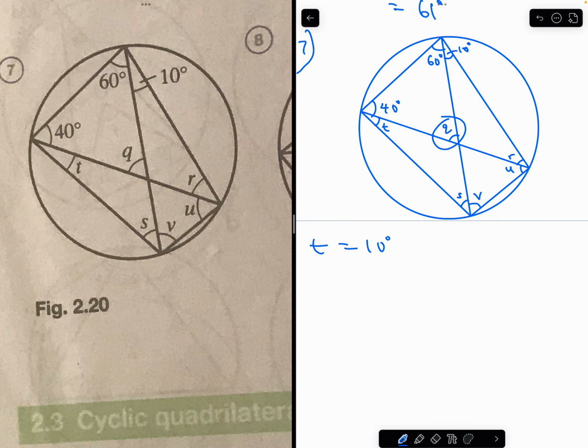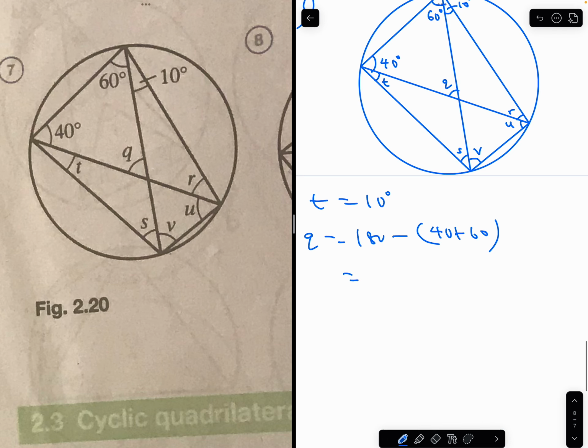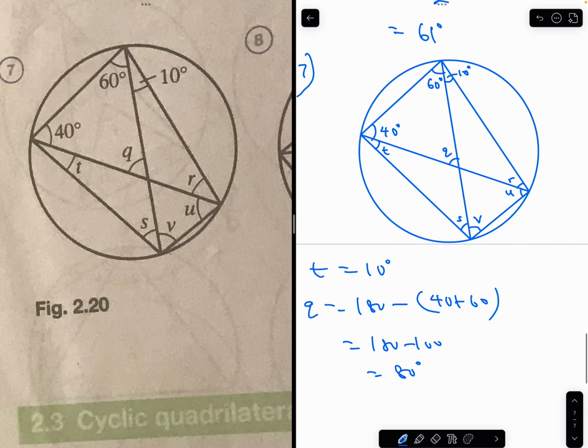Here we can see easily what Q is. We know that 40 plus 60 plus Q is 180, angles in a triangle. So Q will be 180 minus 100, which is 80 degrees. That's a piece of cake.